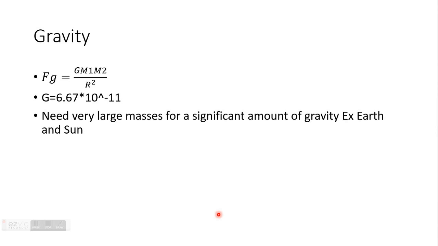If you used Earth or the sun, you would get a large number. If you used Earth and the radius of Earth for r, you'd get 9.80 once you've divided by the mass of the object you're calculating the force of gravity for.